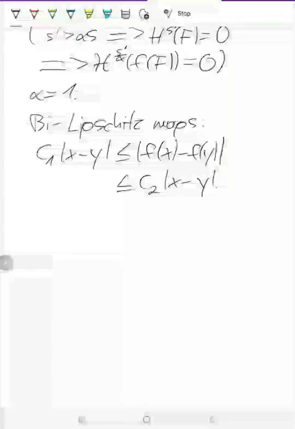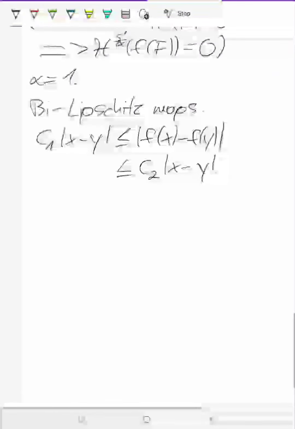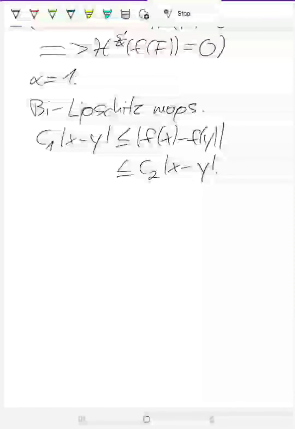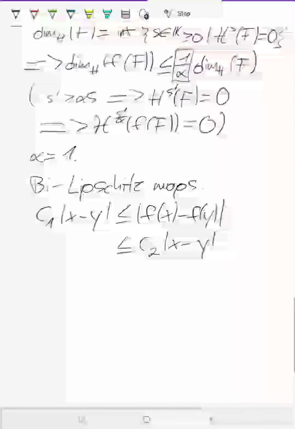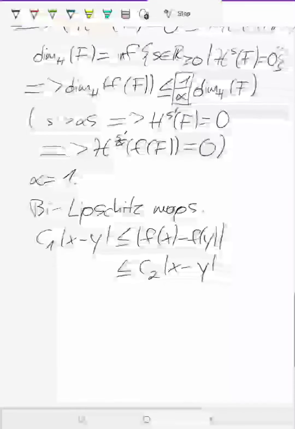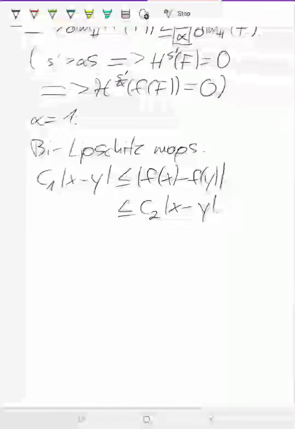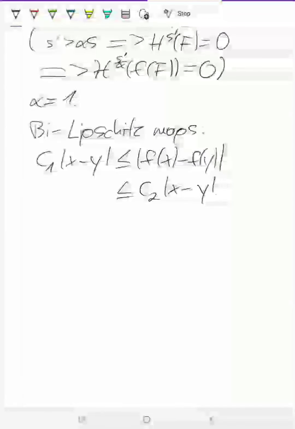And these are especially important because they preserve the Hausdorff dimension by this inequality here.